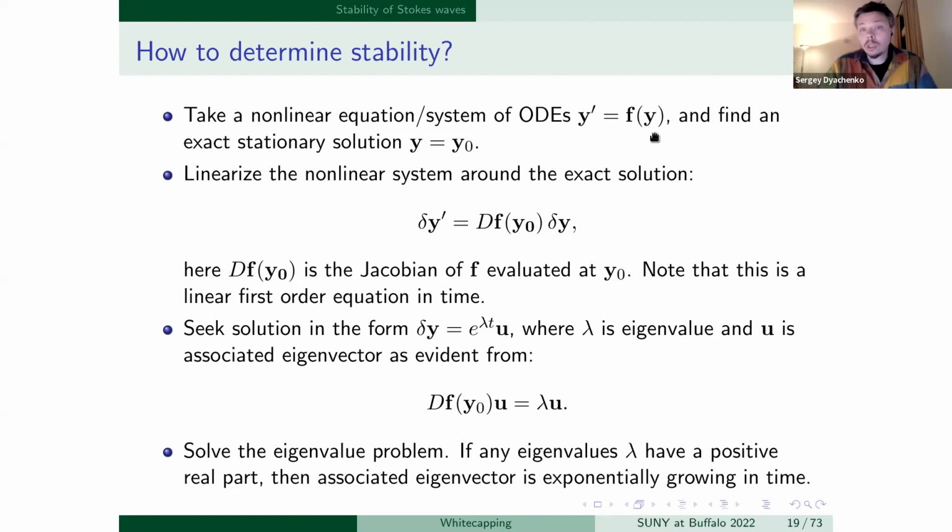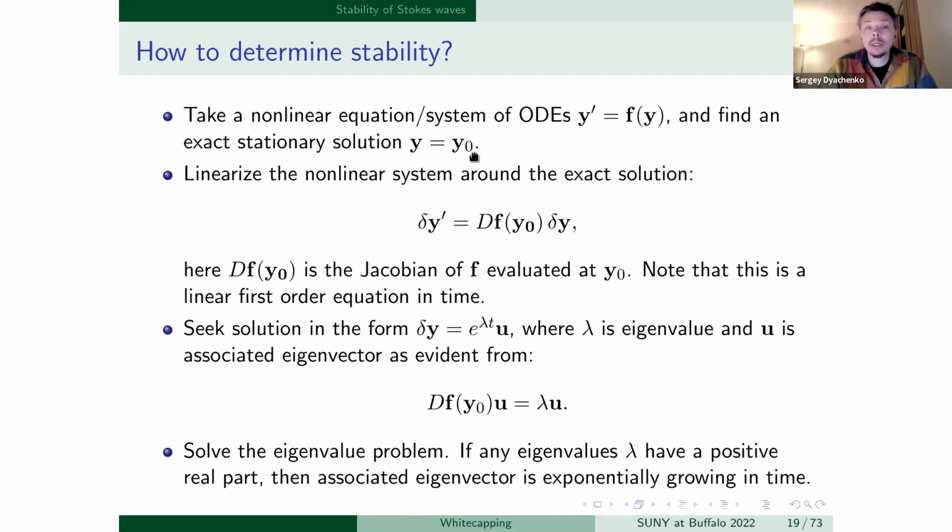And suppose that we already found some exact, say, stationary solution of this system. If it's an ODE, then the stationary solution would be just a constant vector y naught. So what you would need to do is linearize on top of this stationary solution, and then study the eigenvalue problem associated with the linearization.